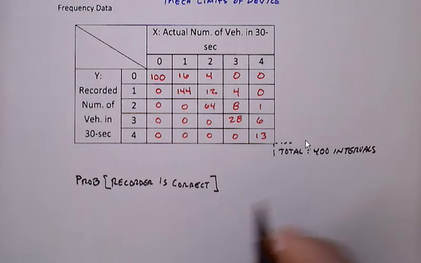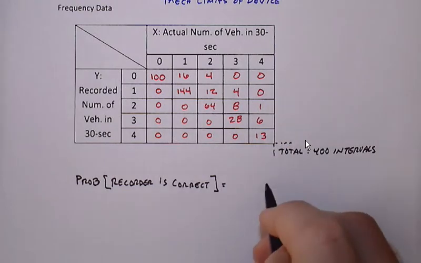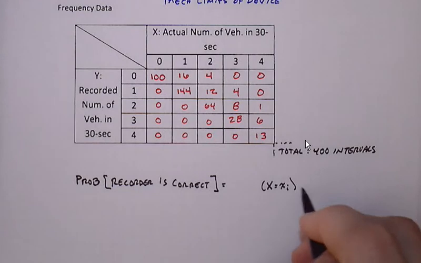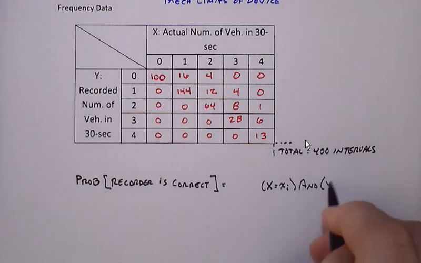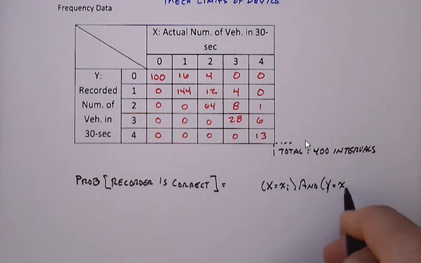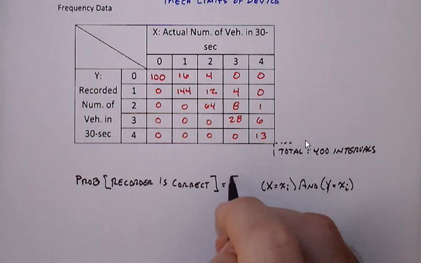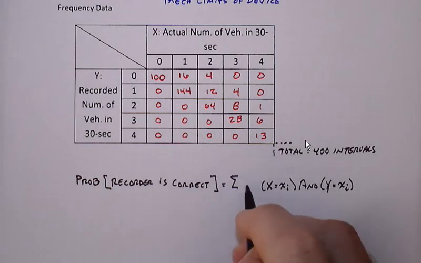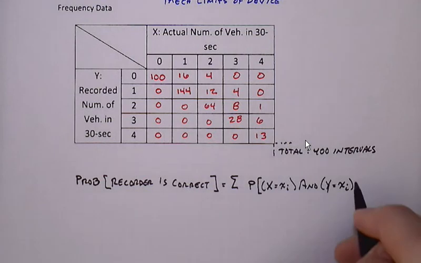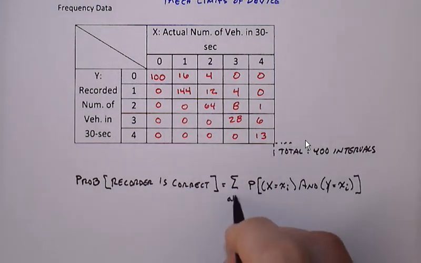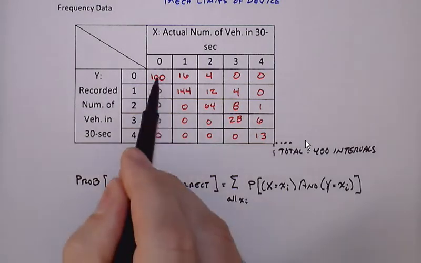Right, and what we're saying in that instance is that our X was equal to a specific value and our Y was equal to that same exact value. And we're asking, well, what's the likelihood that that happened? We're going to sum that over all of the x_i. And note that that really is just the diagonal.